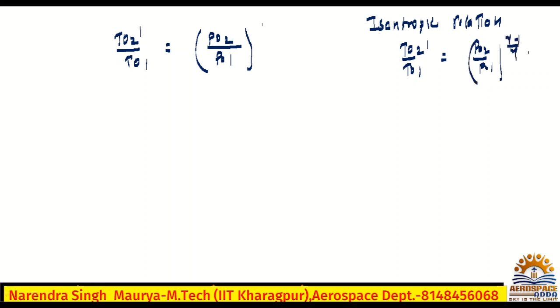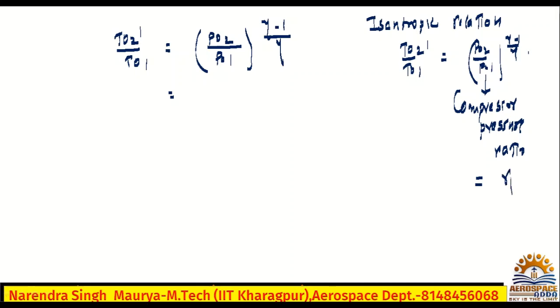This is the formula only. P naught 2 dash by P naught 1 is called the compressor pressure ratio, which is also denoted by RPC, and that is given. So RPC to the whole power gamma minus 1 by gamma.